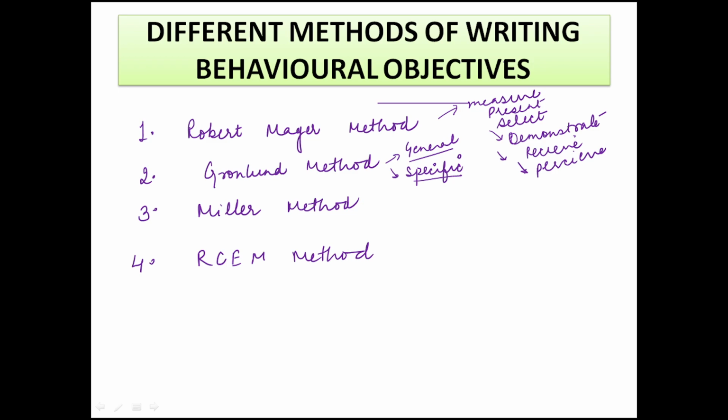Now the third is the Miller method, the name of the scientist being Robert Miller. This method is actually the completion of the Robert Mager method, and he used the psychomotor domain, or psychomotor objectives, in the method he gave.